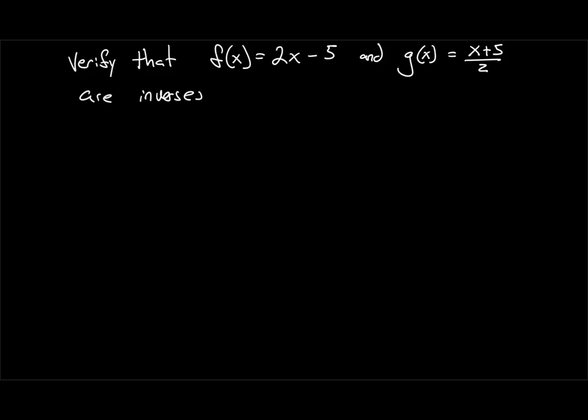Okay, in this example, we're going to verify that f of x, which is equal to 2x minus 5, and g of x, which is the sum of x and 5 divided by 2, are inverses. One of the ways of doing this is using function composition.